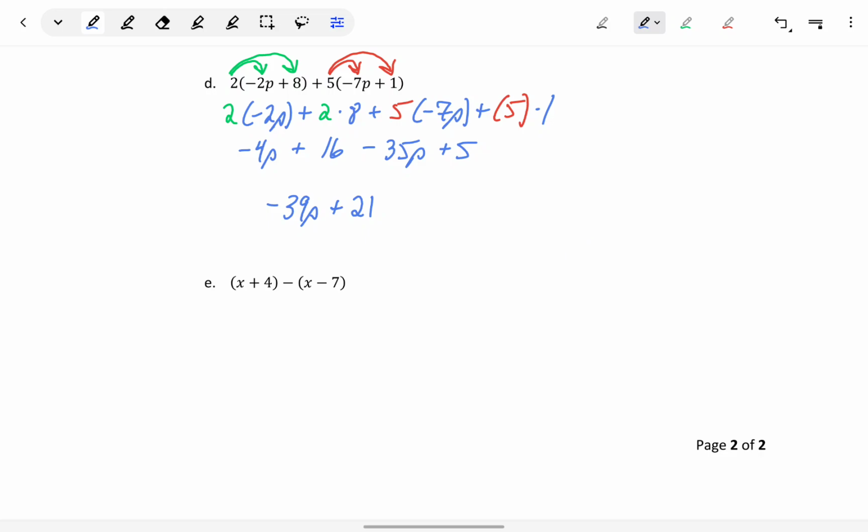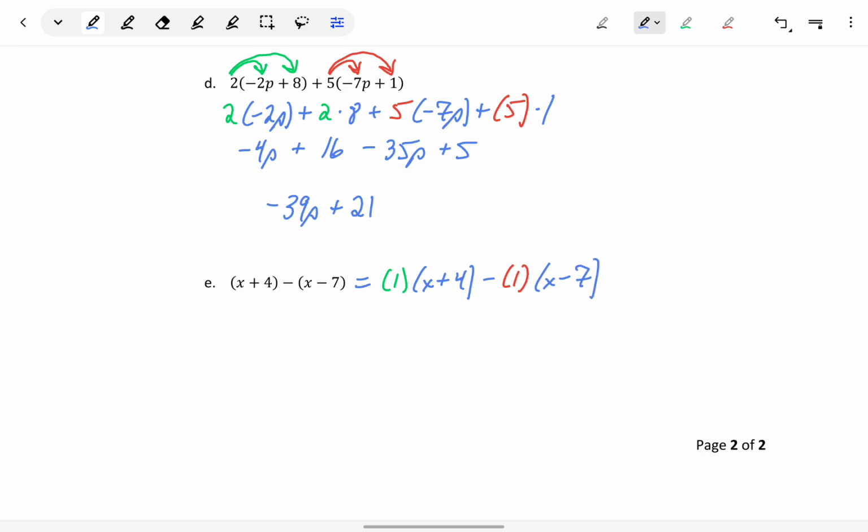In part E, we have some expressions in parentheses, but no constant out in front. But if we imagine putting in some placeholder values of 1, this is the same thing as taking 1 times that quantity x plus 4 minus 1 times that quantity x minus 7.